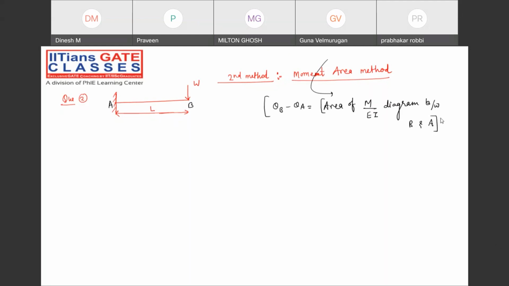Area of M by EI diagram between A and B. Now, done all of you?